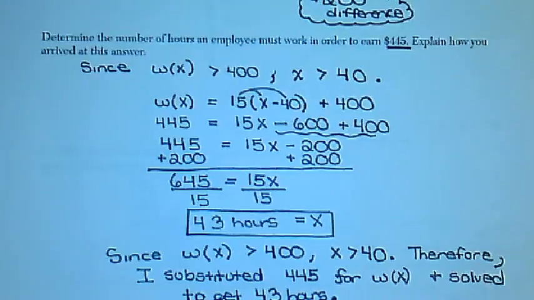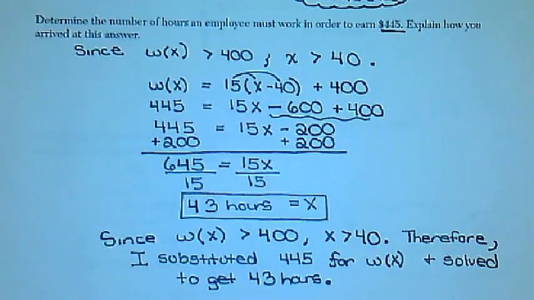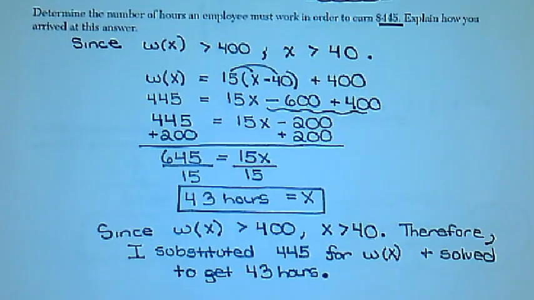All right, now the next part is a little bit trickier. We want to determine the number of hours an employee must work in order to get $445. Explain how you arrived at the answer.